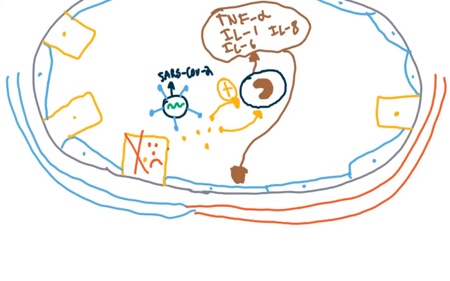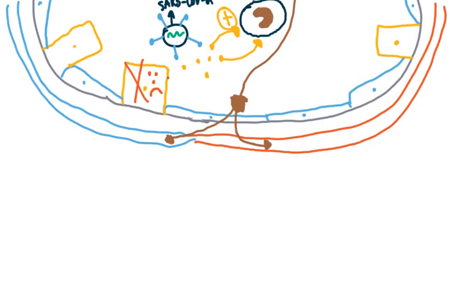So the inflammatory cytokines will come here and enter the bloodstream, all right? And once they enter the bloodstream, they're going to cause more inflammation inside the bloodstream and mainly affect the endothelial cells.